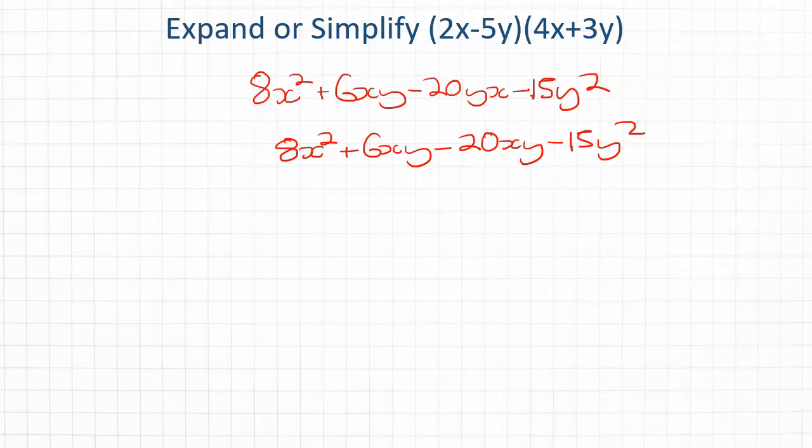That is again why minus 20yx is the same as minus 20xy. We rewrite the equation with minus 20xy. 6xy minus 20xy comes to minus 14xy. The equation becomes 8x squared minus 14xy minus 15y squared.